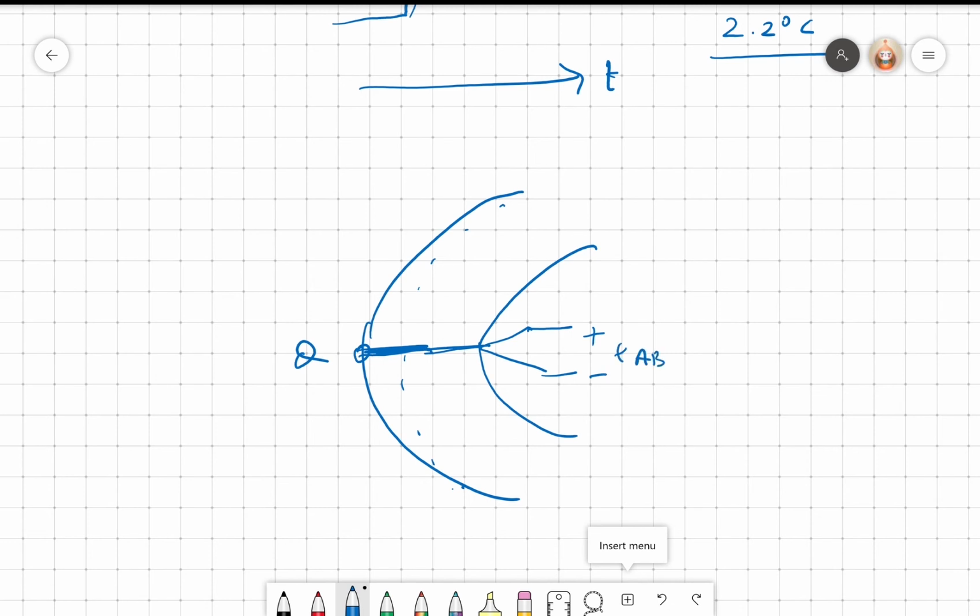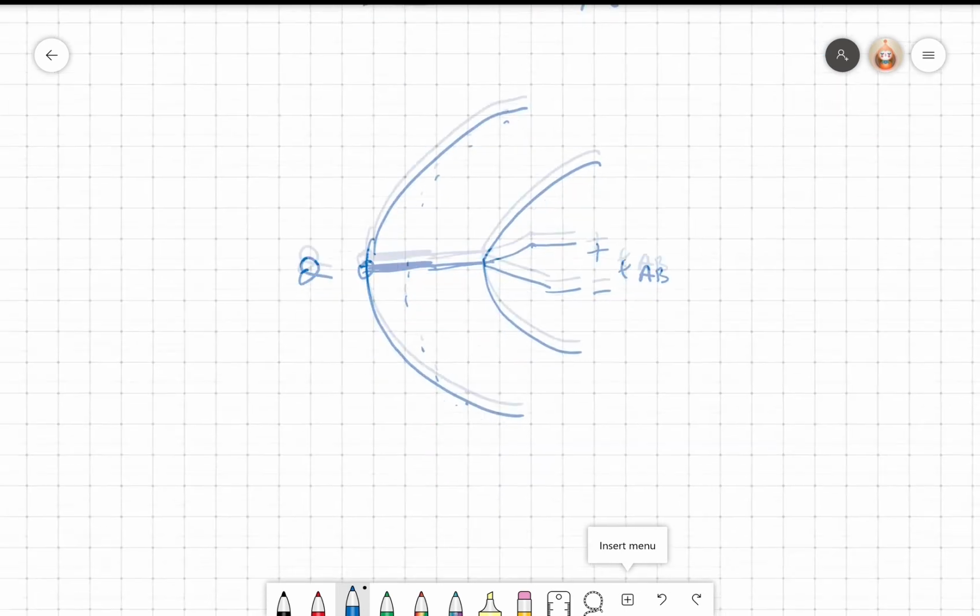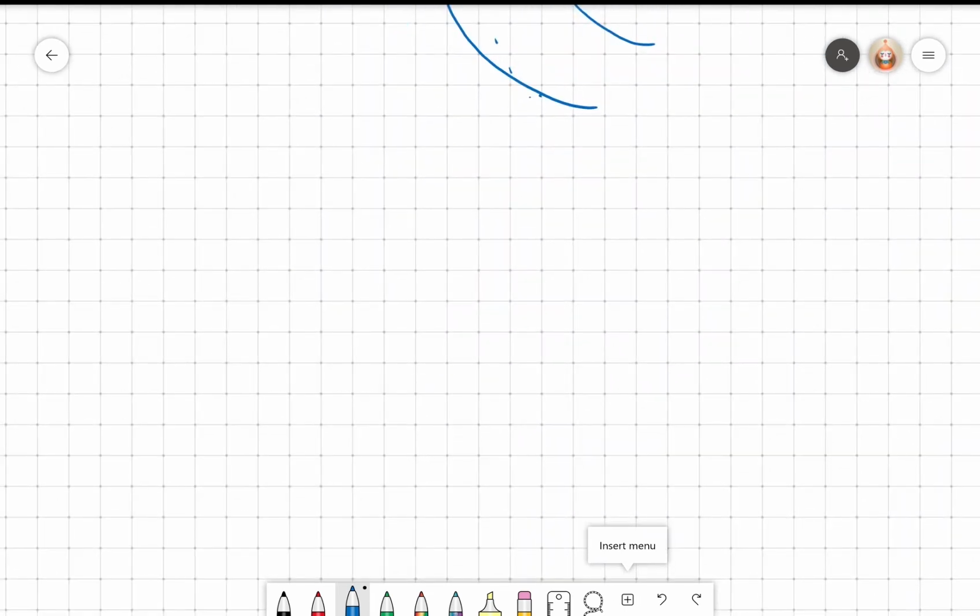So thermocouple based temperature measurement is quite popular for various reasons, mainly because of its smallness, because two wires, that's all it requires, and the reference junction compensation, right? I call this cold junction compensation, which is kept at 0 degrees centigrade.